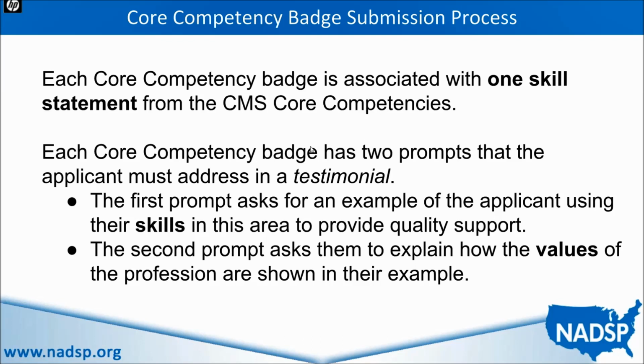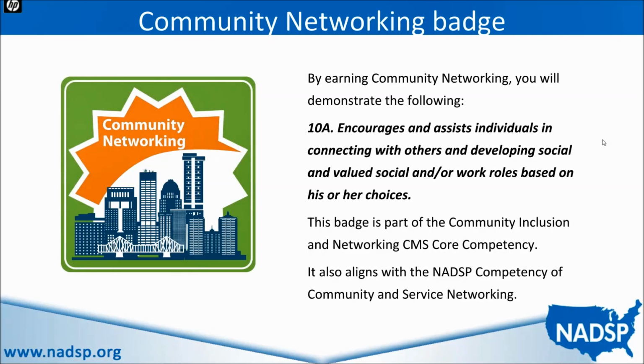And just as an example of a badge, here's one of our badges. This is our community networking badge. So like every badge in the core competency category, this badge has a skill statement. Every badge is tied to one particular skill statement from those CMS core competencies.